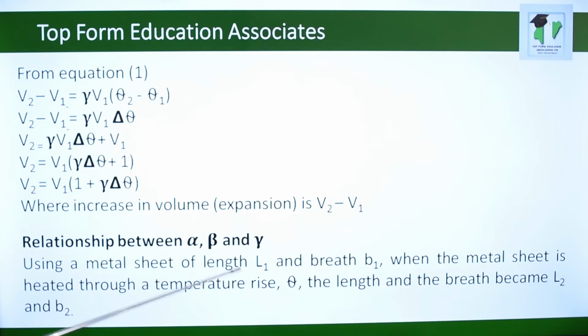Using a metal sheet of length L1 and breadth B1, when the metal sheet is heated through a temperature rise theta, the length and the breadth become L2 and B2. The initial length of this metal sheet is L1, the initial breadth is B1. When you now increase the temperature, the final length becomes L2, while the final breadth becomes B2.